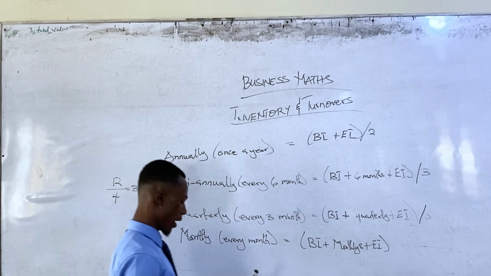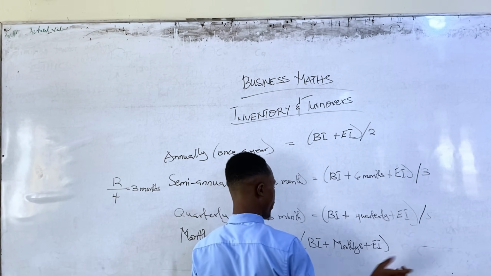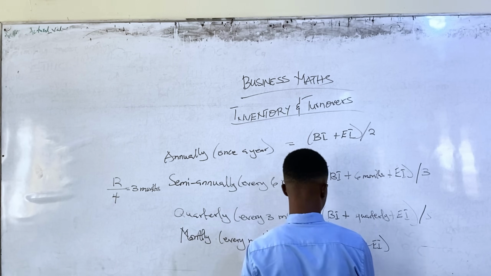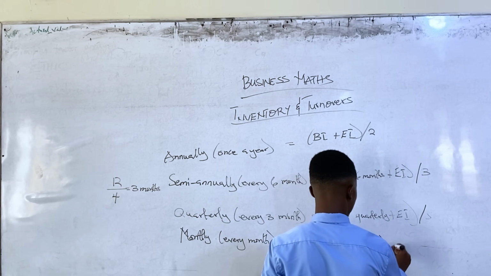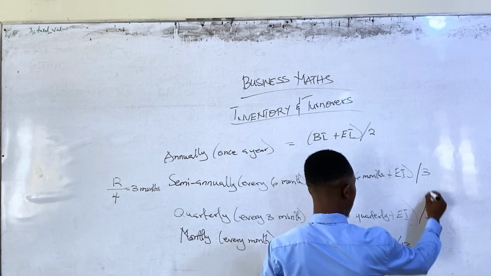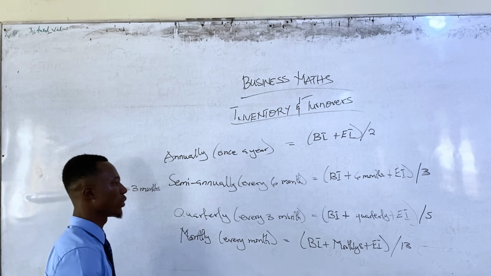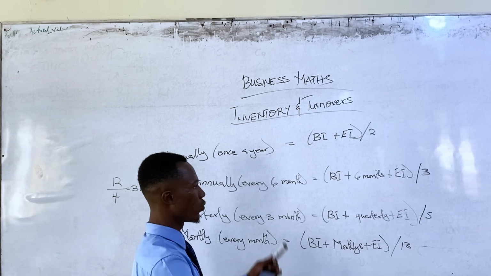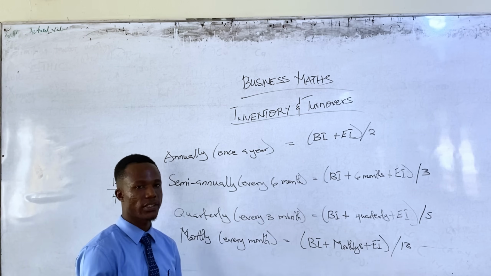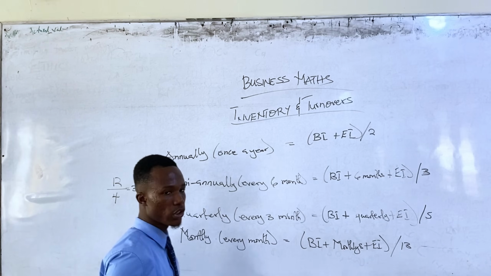We have 12, right? When you add the beginning and the ending as one, you are going to have 13. Here is 5 and here is 3. So this is what we are going to do. We will just pick one question, then we learn how to go about it, so that the next time they say quarterly or monthly, you know what to do.